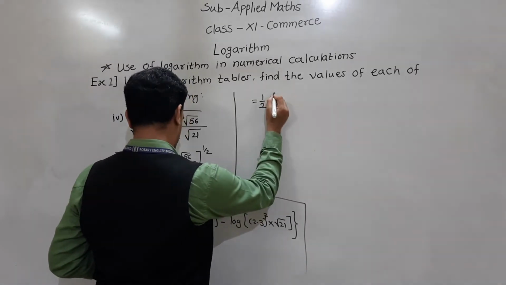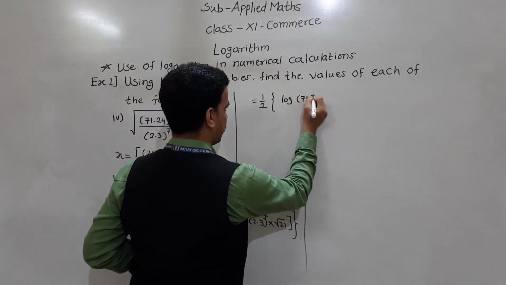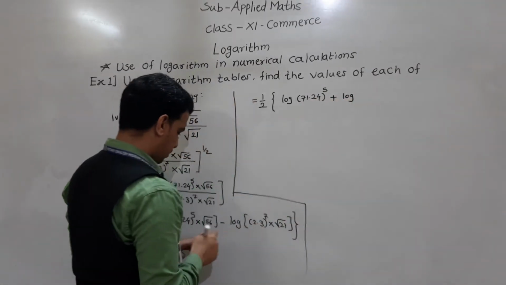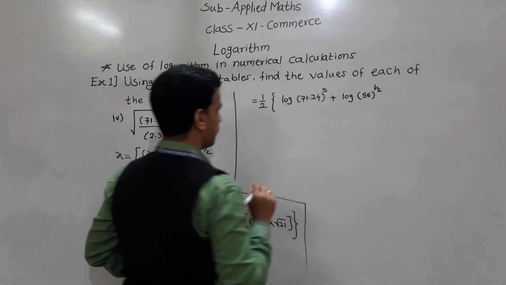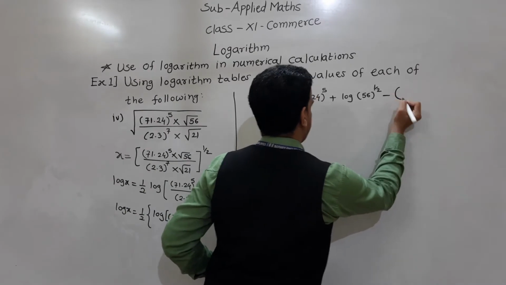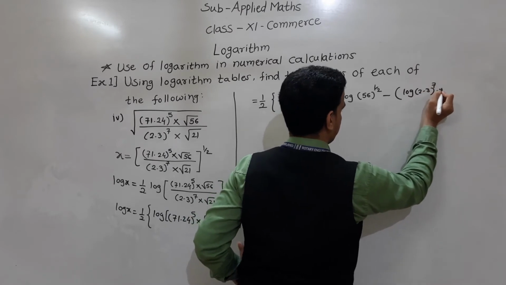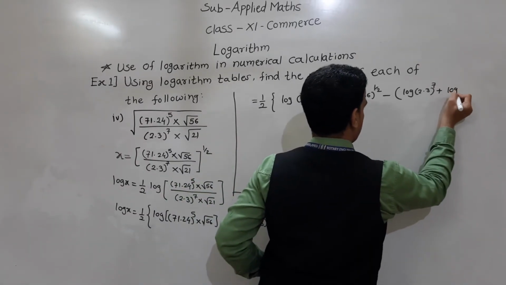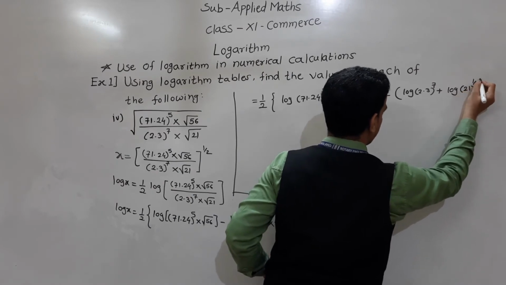So log of 71.24 raised to 5 plus log of this root 56, we can write 56 raised to 1 by 2, minus in bracket log of 2.3 raised to 7 plus log of root 21. So root 21 we can write 21 raised to 1 by 2.